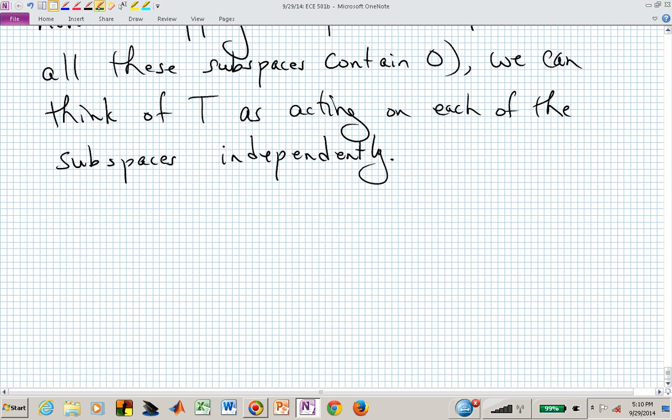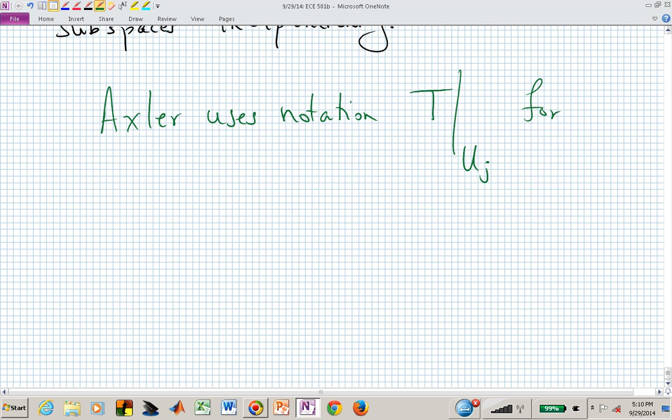And the textbook actually uses the following notation: the linear operator T, let's say, operating on a subspace U sub j, meaning or for the following: T restricted to the subspace U sub j.